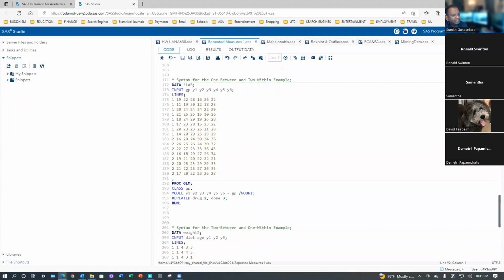One between, 2 within. People in the first group, and these are the ones in the second group. But how many individuals are in this first group? 1, 2, 3, 4, 5, 6, 7, 8: 8 individuals.